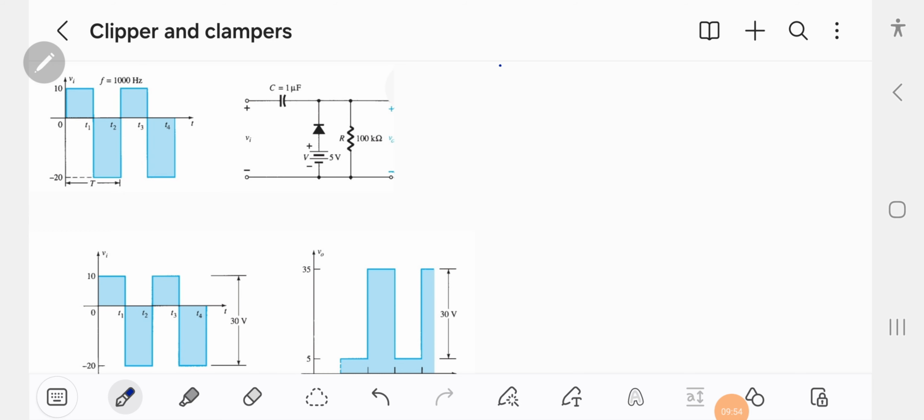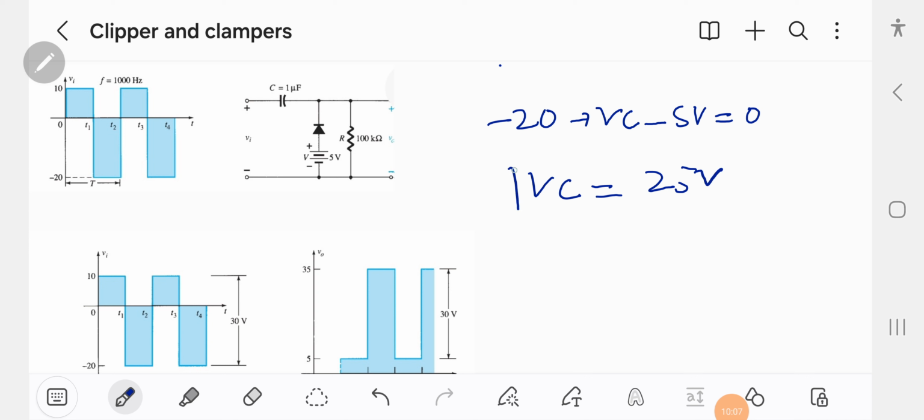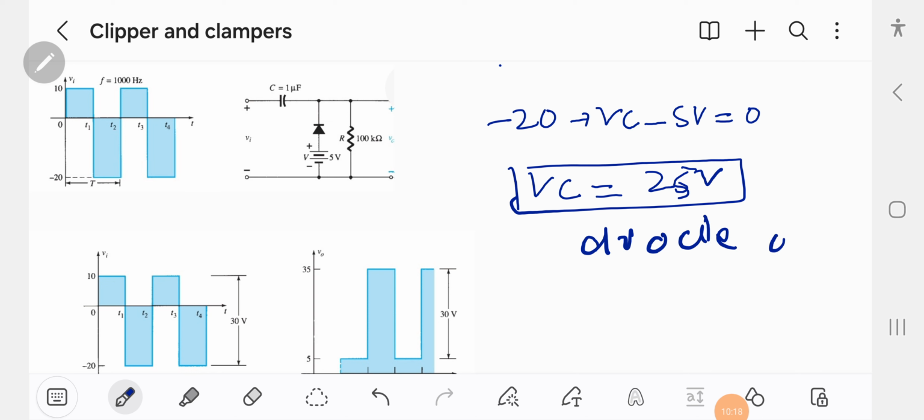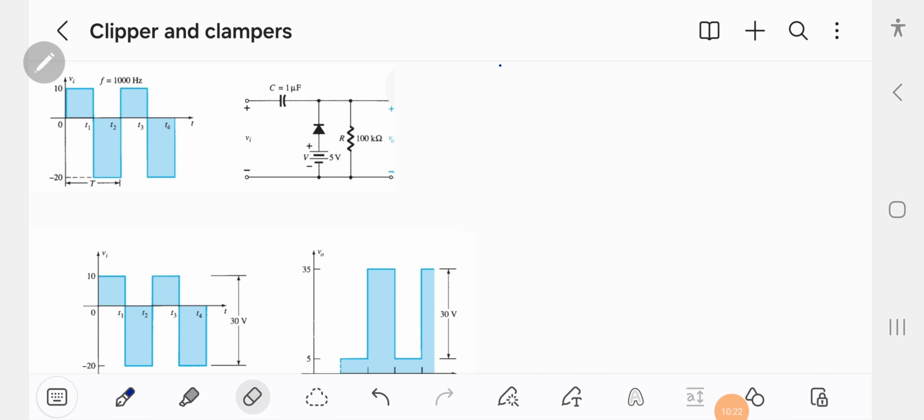The capacitor will charge to 25 volt for the negative swing, when the diode is on. What happens when the diode is off?